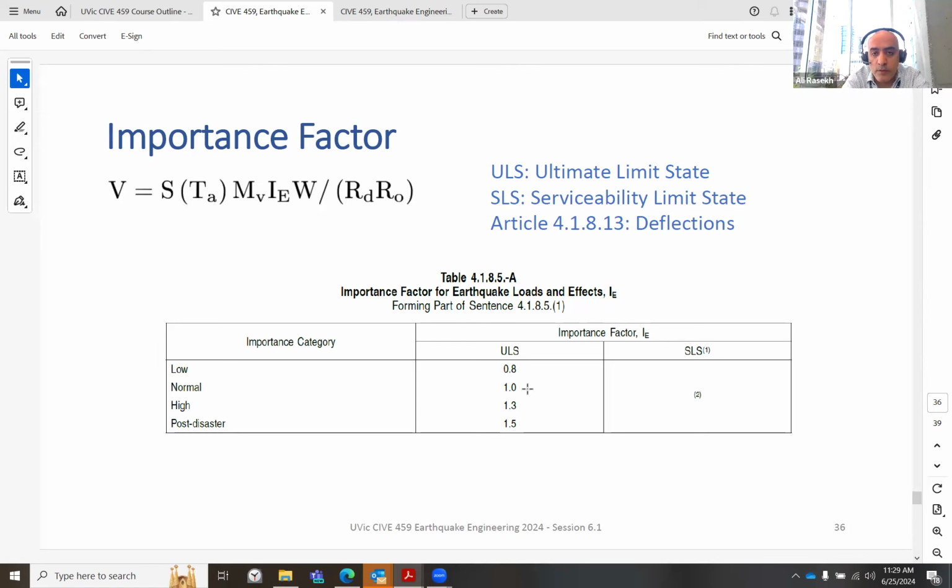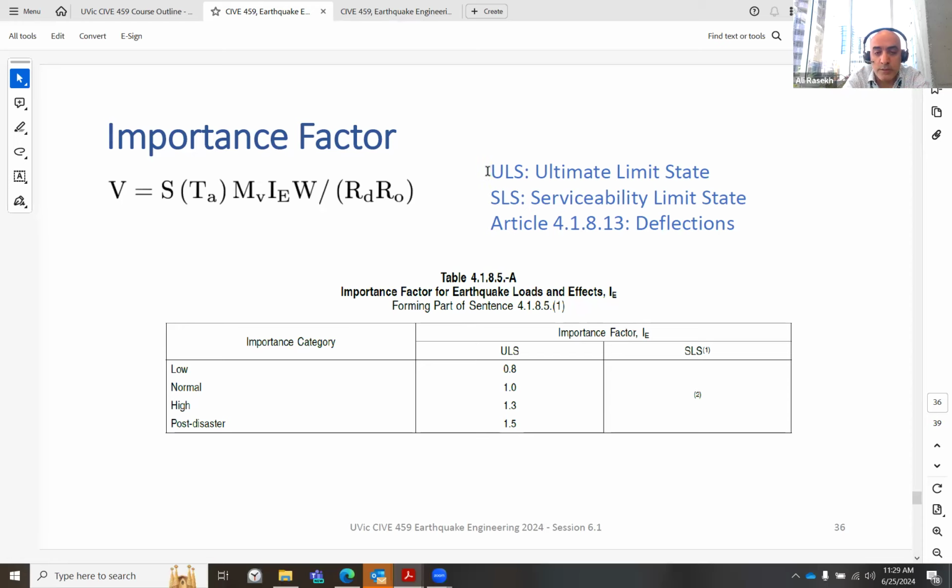And this is for ultimate limit state, ULS. In Canada, we call it ULS. In the US, we call it LRFD, which is basically the same thing. You apply load factors for loads and you also reduce the capacity. So that's ultimate limit state.